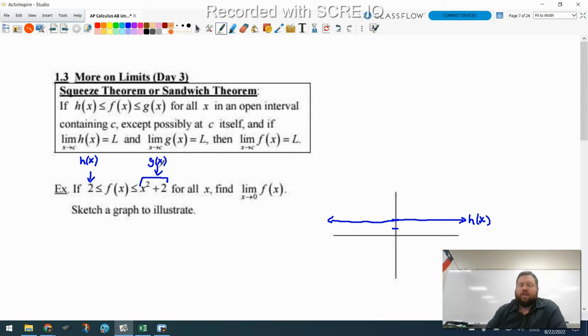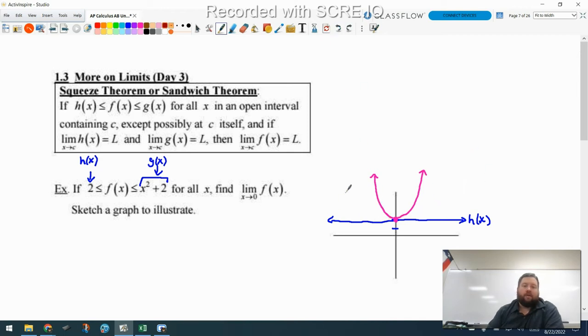And then g of x is the quadratic parent function shifted up 2 units, so that's going to be right there. And all I know about f of x is that it's between these two functions for all x's. So that means it's somewhere in this part.